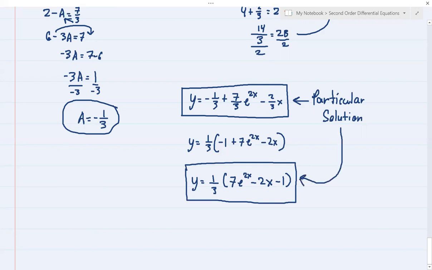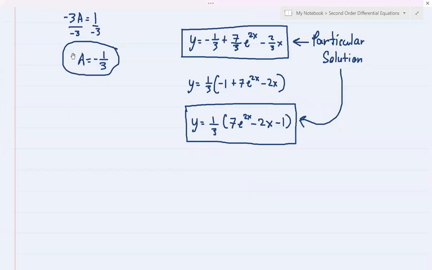Or you can factor out -1/3 instead of 1/3. There's no problem. So we can say y is equal to -1/3 times the quantity 1 minus 7 times e raised to 2x plus 2x.